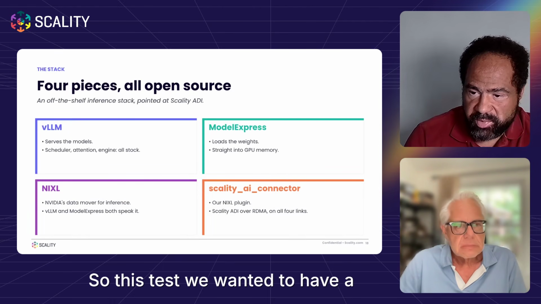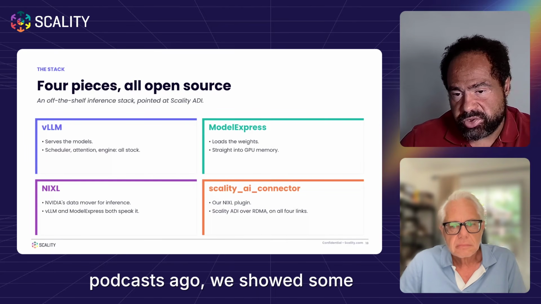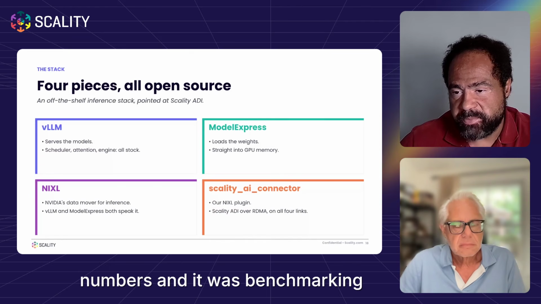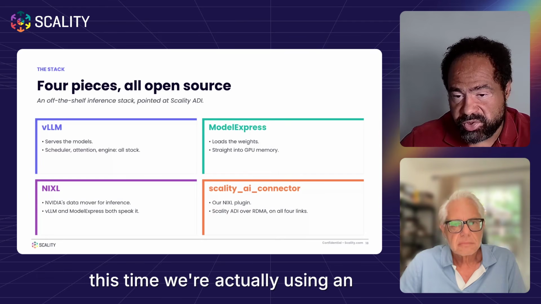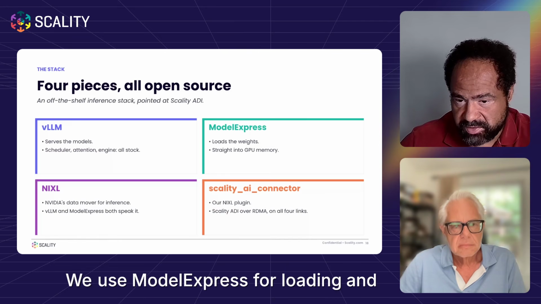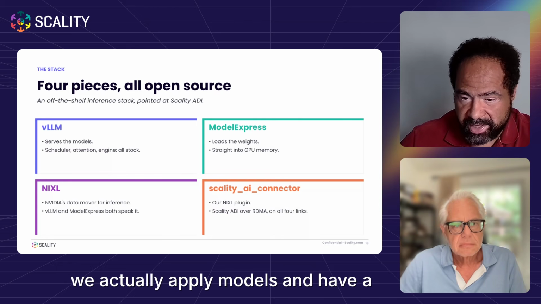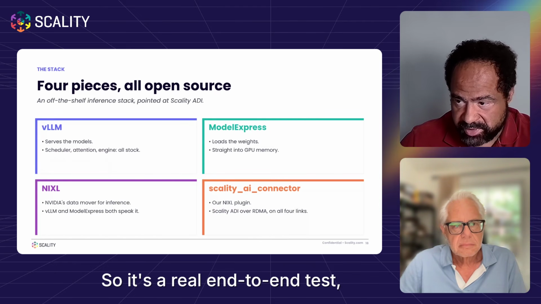So for this test, we wanted to have a real end-to-end stack. Because a few podcasts ago, we showed some numbers and it was benchmarking mostly transfer. This time, we're actually using an application like vLLM to load a model. We use Model Express for loading, and we actually apply models and have a token input, token output. So it's a real end-to-end test, right? Okay.